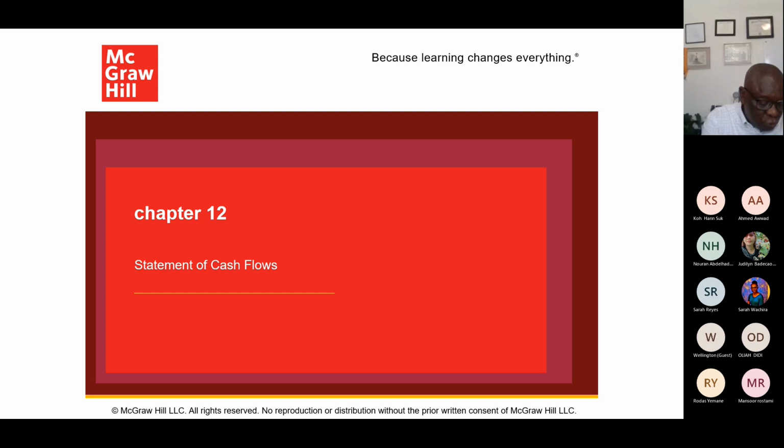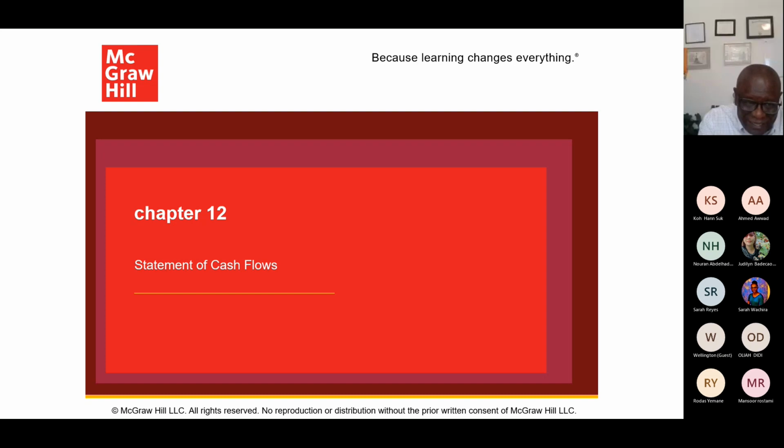Net income, I wrote it as 217,000. Account receivable increased by 21,400. Prepaid insurance decreased 7,700. Depreciation expense 64,000. Gain on sale of equipment 5,700.